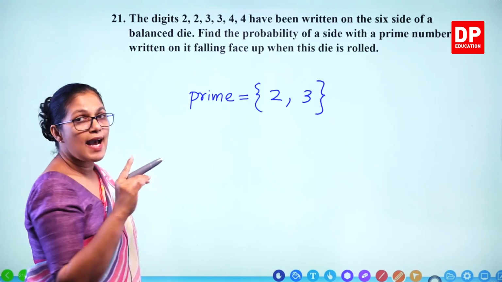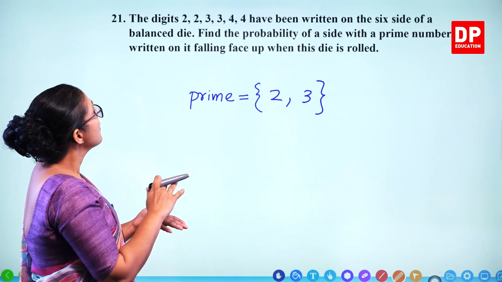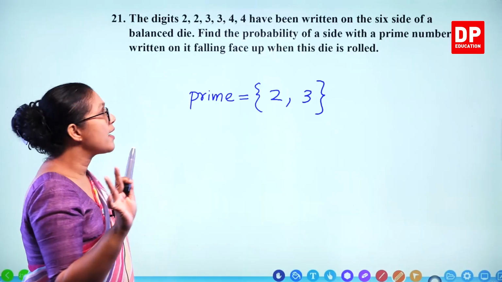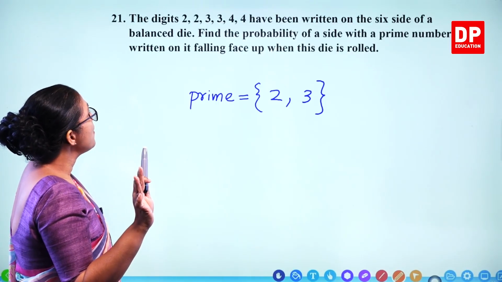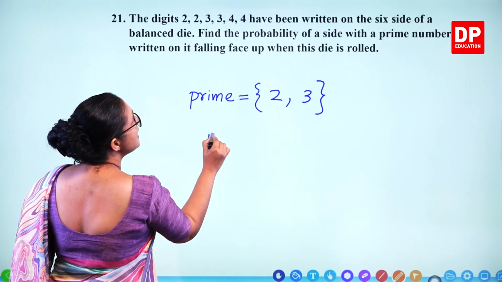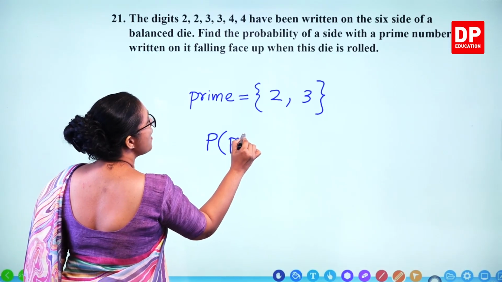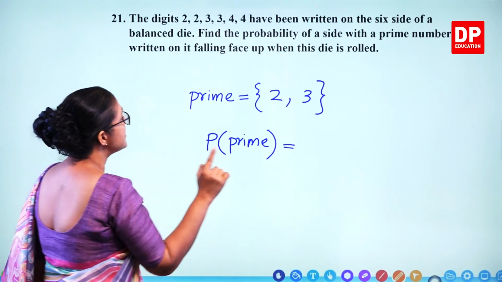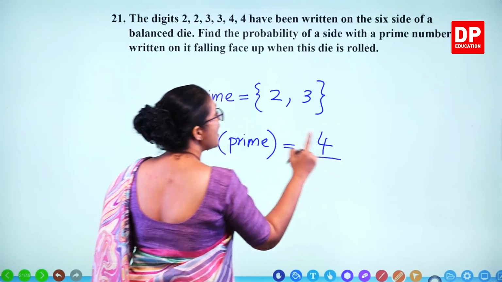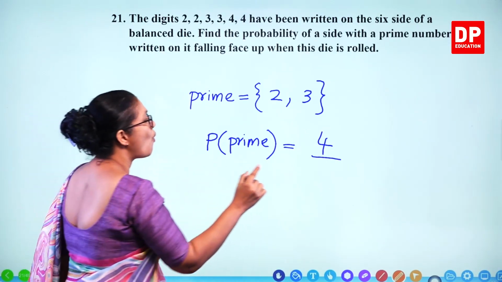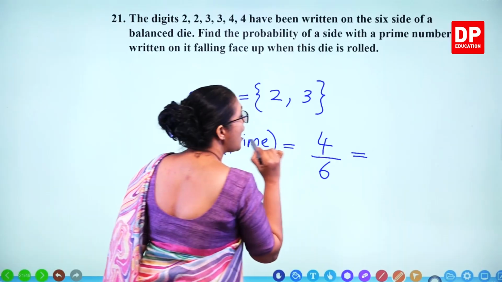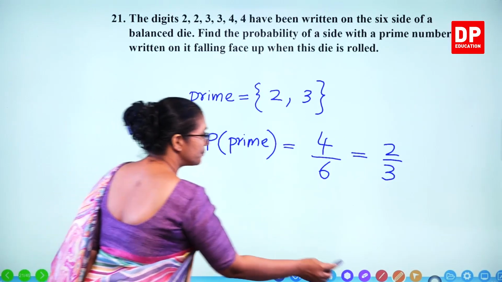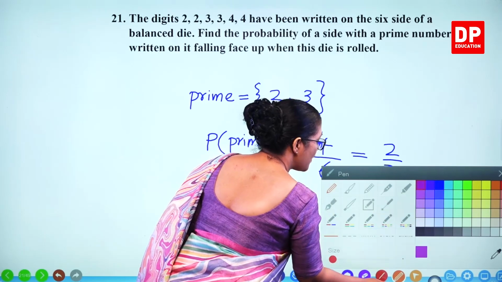Then how many sides show 2 and 3? 1, 2, 3, 4. 4 sides. So the probability is 4 out of 6, which is 4 over 6. Divide this by 2 and you get 2 over 3. So 2 marks for that.